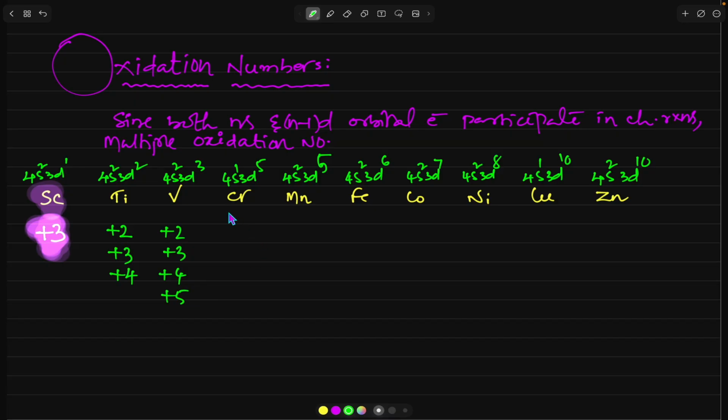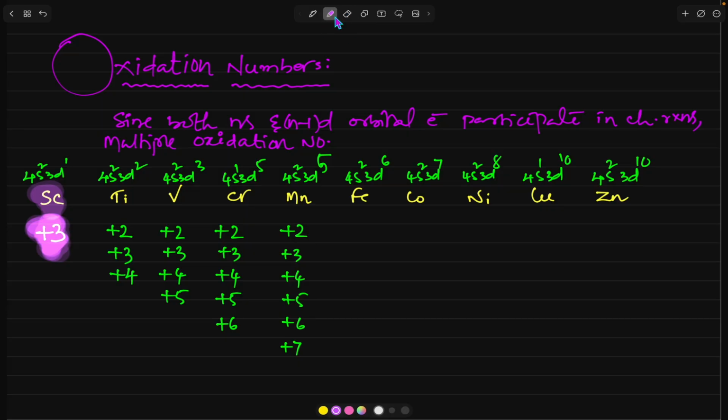Chromium shows +2, +3, +4, +5, and +6 is also possible because we have 6 electrons. In manganese, +2, +3, +4, +5, +6, and the highest oxidation number is +7.